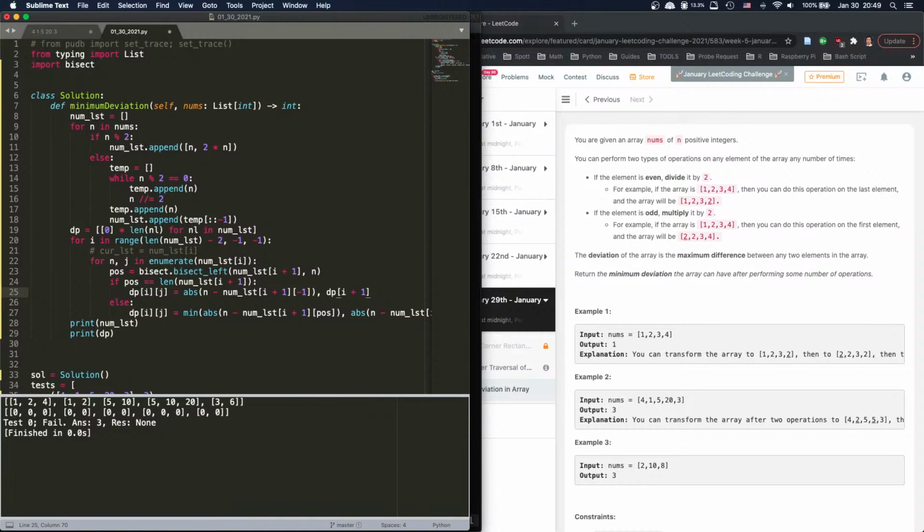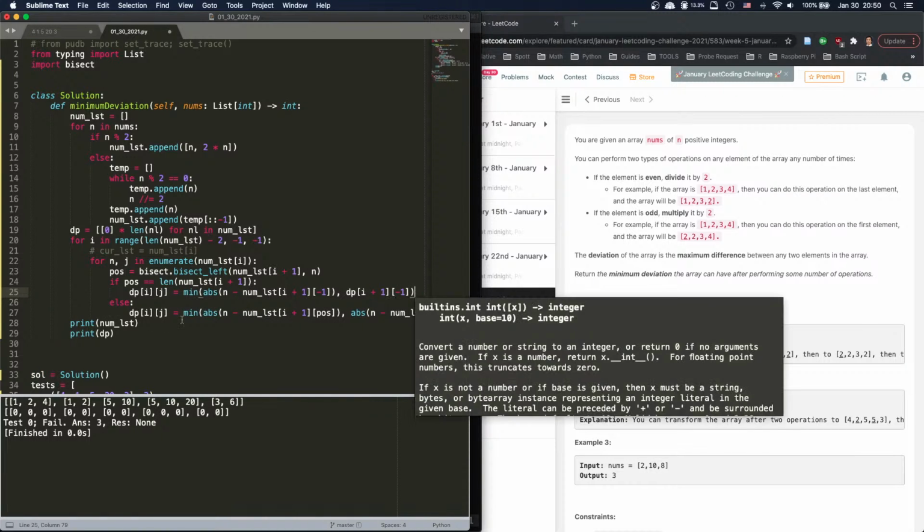So if it's the last one, the position is the last one, so we pick minus 1. So we need to compare to this, and then we pick the min out of these two. And this one is the same.